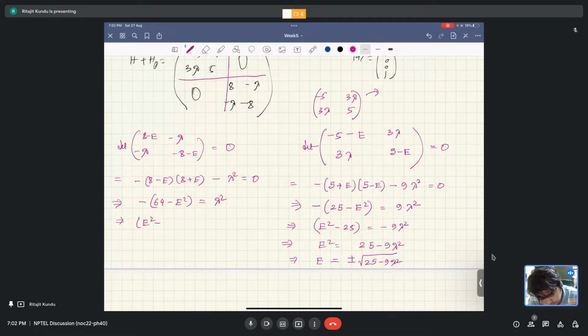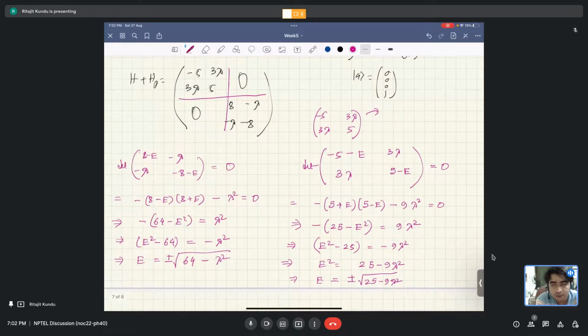E square minus 64 will be minus lambda square, so E square will be 64 minus lambda square. Directly, E is plus minus square root of 64 minus lambda square. These are the energies of the perturbed Hamiltonian, H plus HP.